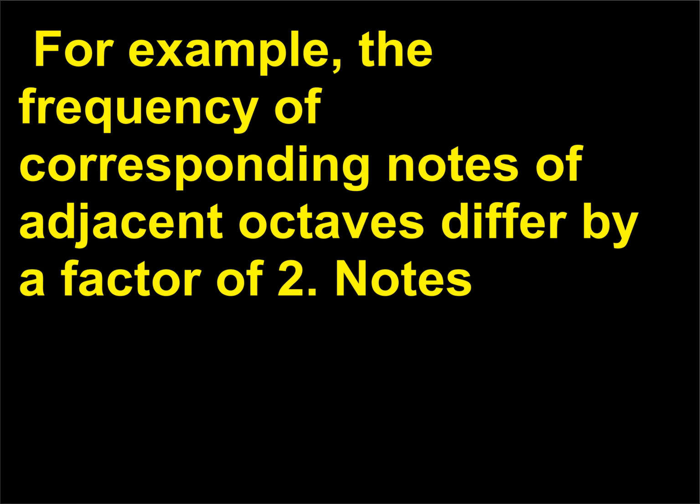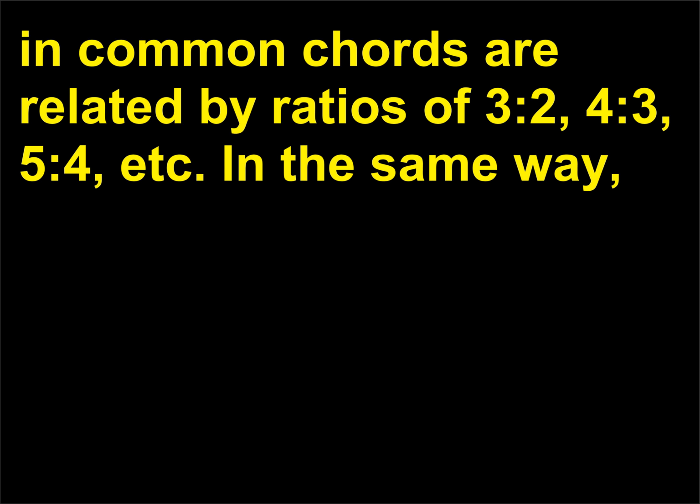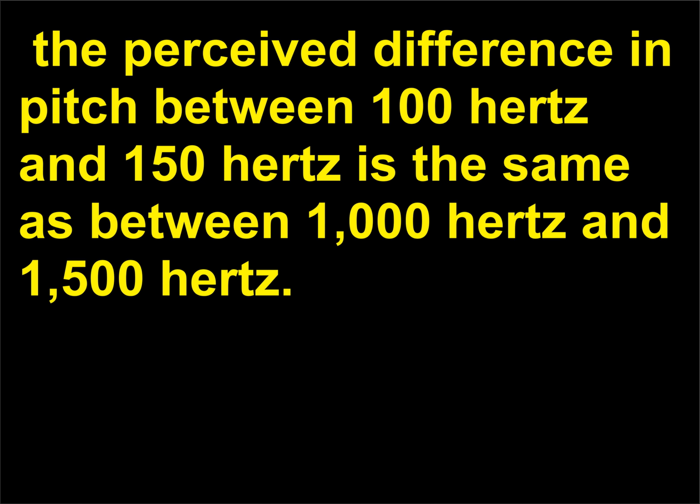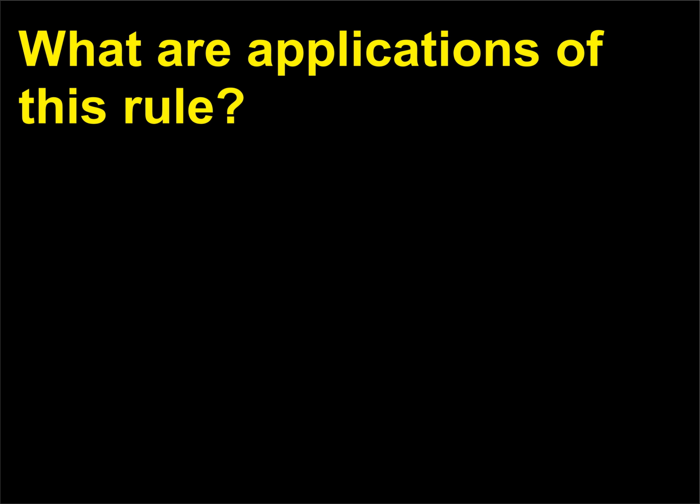Notes in common chords are related by ratios of 3:2, 4:3, 5:4, etc. In the same way, the perceived difference in pitch between 100 Hz and 150 Hz is the same as between 1000 Hz and 1500 Hz. What are applications of this rule?